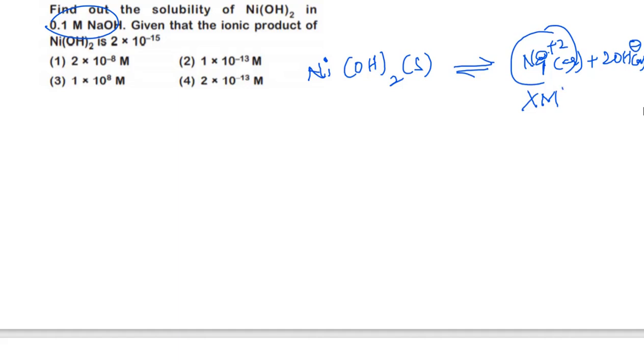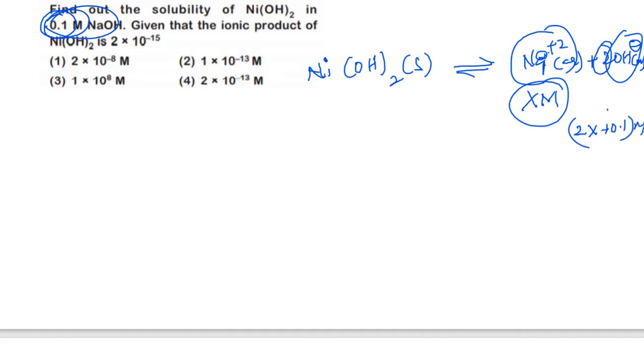Now if it is x moles, then the hydroxide concentration must be the sum of 0.1 M and the contribution from x moles. So here 2 moles of hydroxide, that's why you need to take 2x + 0.1 M of OH-.